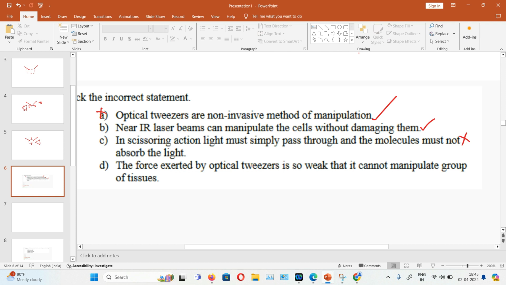The force exerted by the optical tweezer is so weak that it cannot manipulate a group of tissues. The force exerted by the optical tweezer is actually a weak force, but it is not so weak that it cannot manipulate, because it is enough for manipulating even organelles and even tissues.